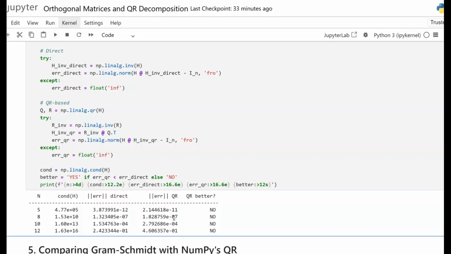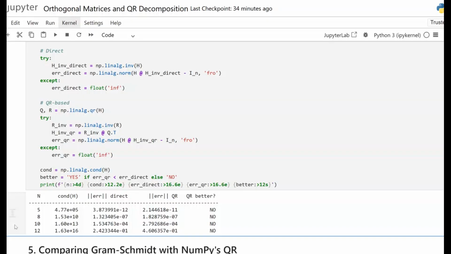So this reflects a deep truth: when a matrix is extremely ill conditioned, no method can fully recover accuracy. And dear friends, for Hilbert matrices, direct inverse and QR based inverse produce comparable errors. Neither method significantly outperforms the other on these particular matrices.